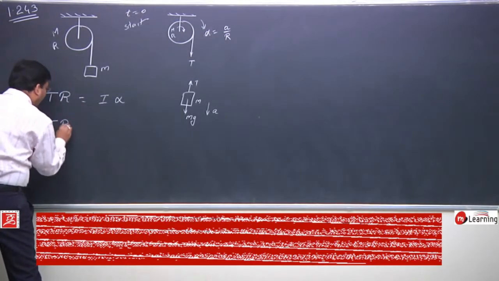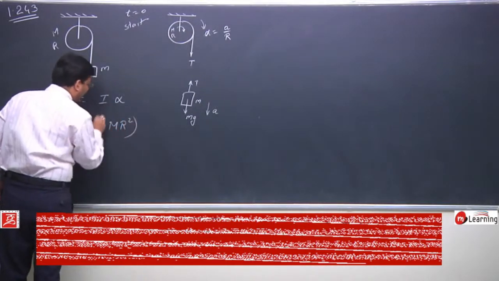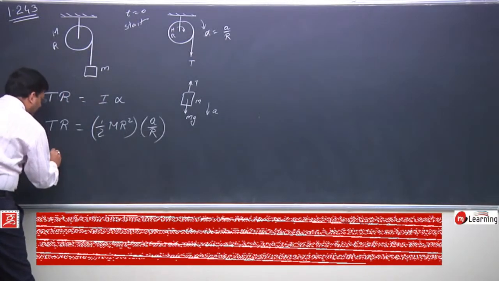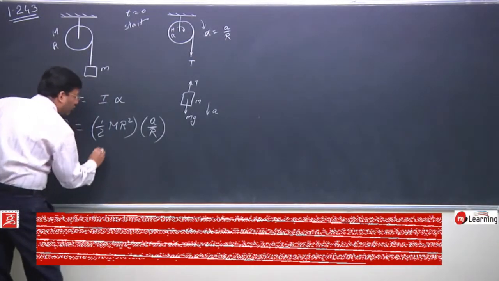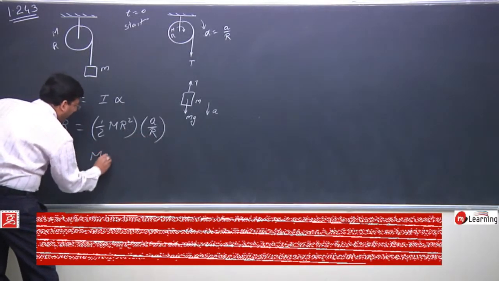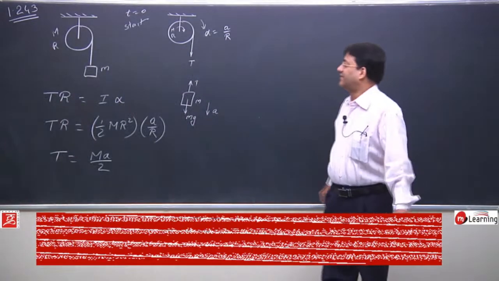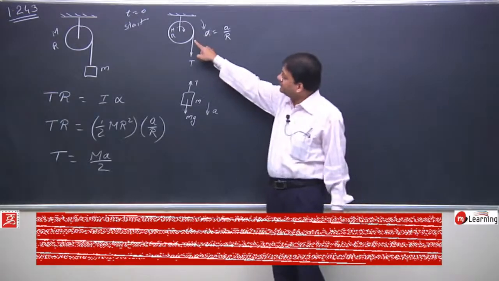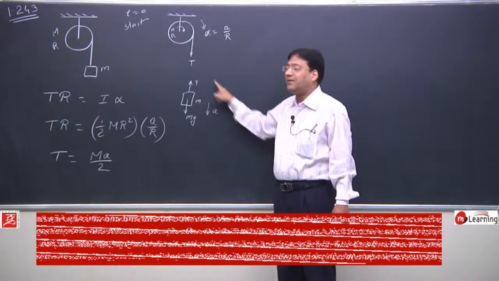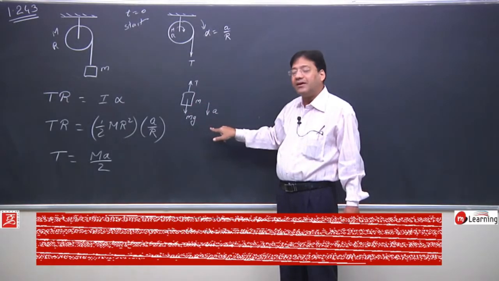T into R is equal to, for I will write half M r square, and for alpha I will write a by r, or T is equal to M a by 2. This is for this cylinder.